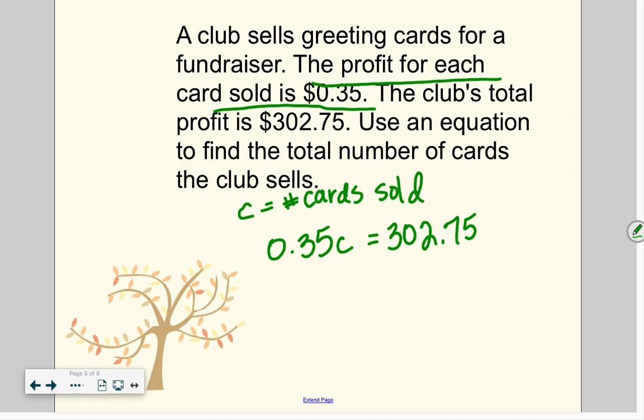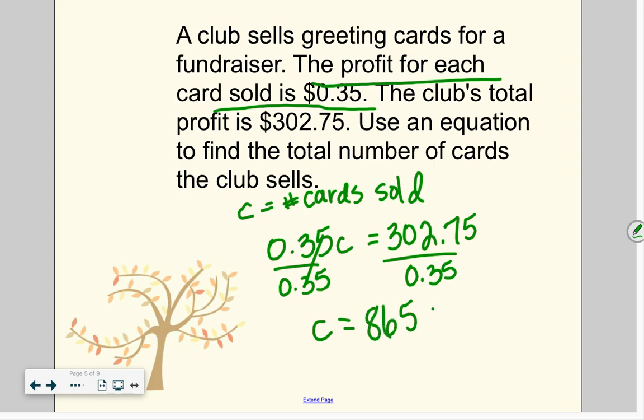What are we going to do to get C on a side by itself? Divide by 35 cents. C is going to equal, I'm going to save us some time, 865 cards.